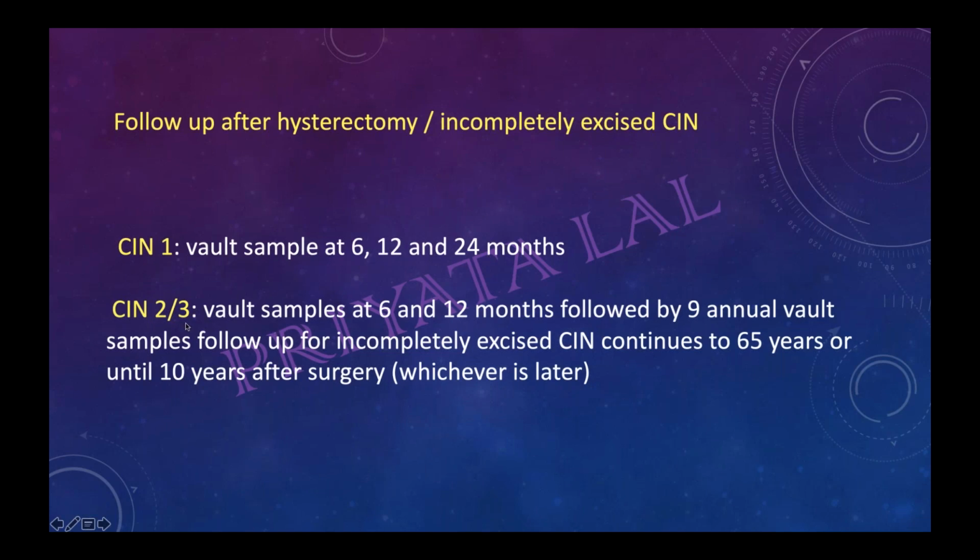But if it is CIN 2 and 3, then again the same pathway, it will be the 10 years pathway. 6 month, 12 month, then annual wart samples have to be done. This has not changed. This was the same in the previous guideline also. There is no change here.